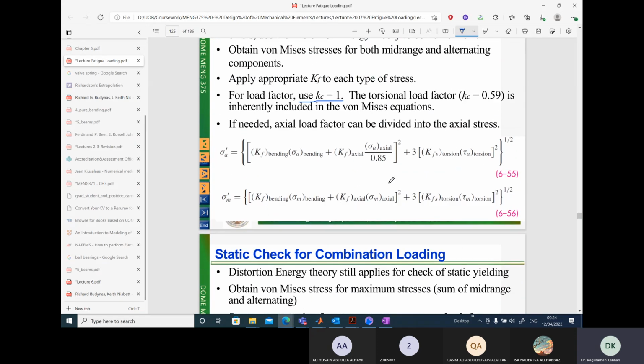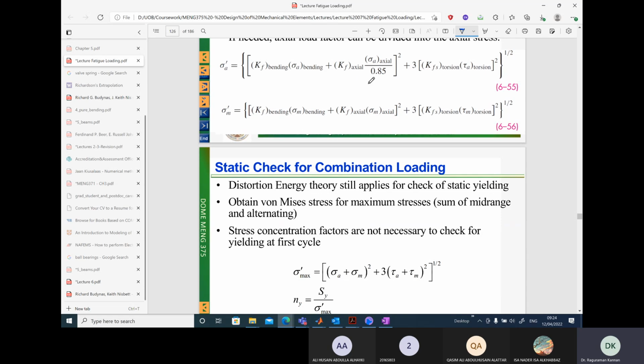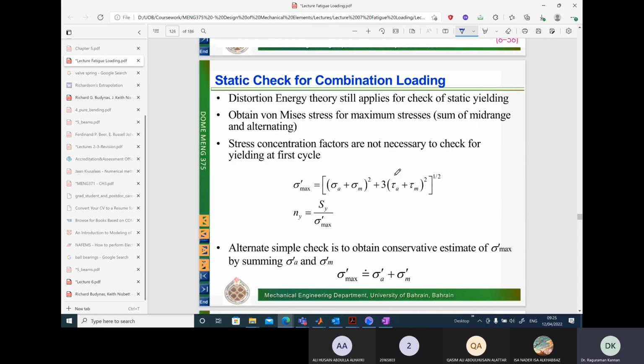Okay, so this is for fatigue, but when you use a Goodman equation, you will have to combine it with the yield failure criteria. The yield failure criteria require you to calculate the yield factor of safety, which will be calculated as Sy over von Mises max stress.